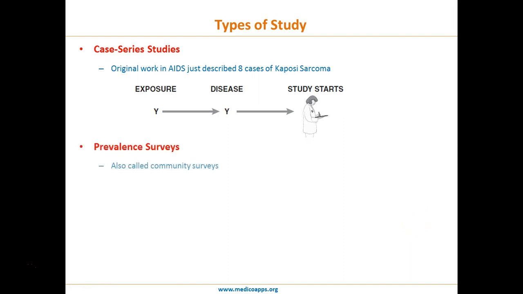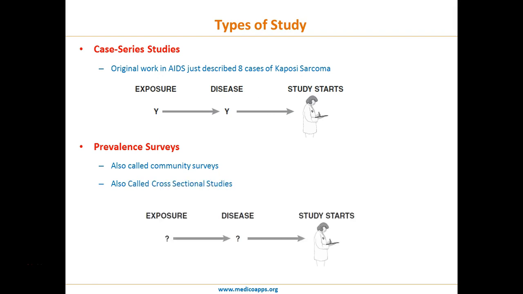Then there is prevalence study. Prevalence study is also called community survey, and it is also called cross-sectional studies. So again the study starts today, and then we look for exposure and disease. Now you have to understand the major difference between prevalence study, that is cross-sectional studies, and longitudinal studies.